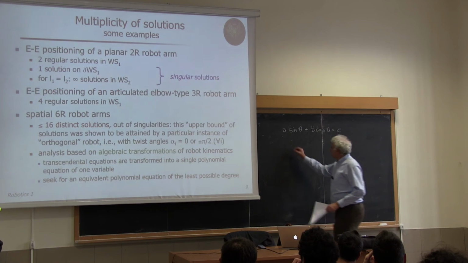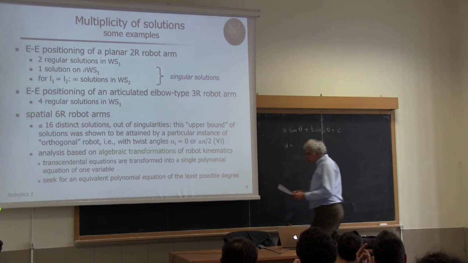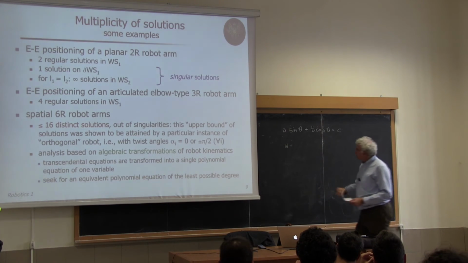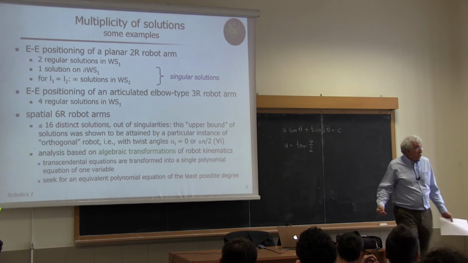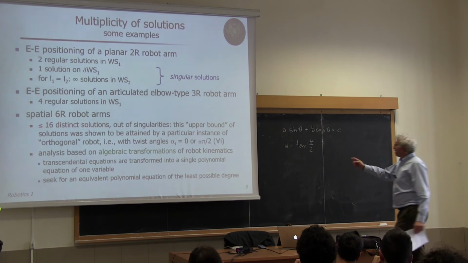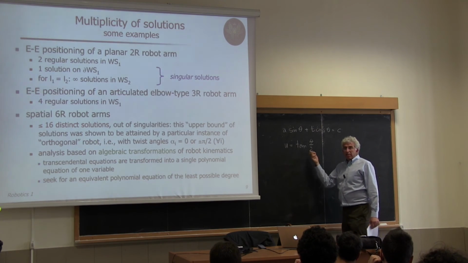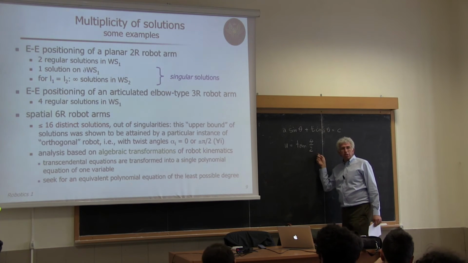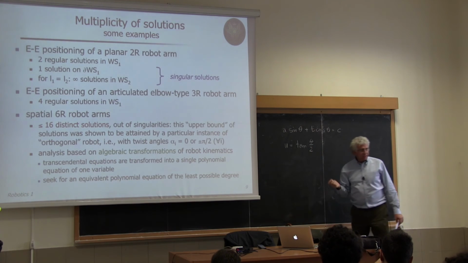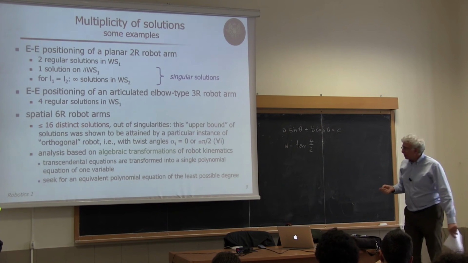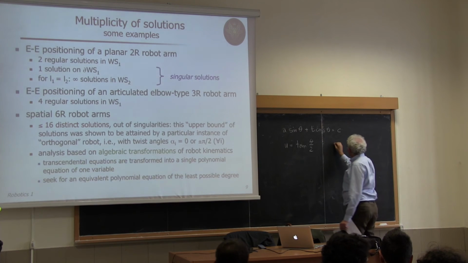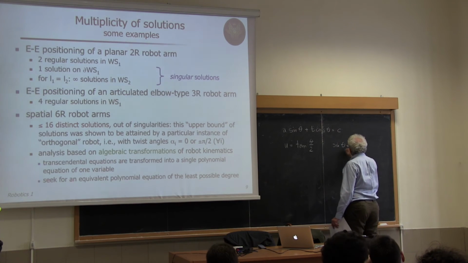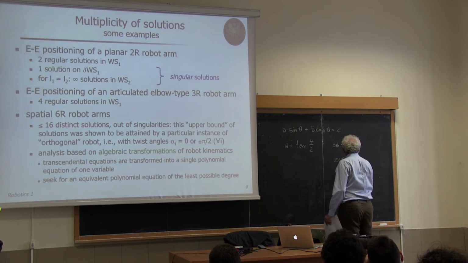Well, the transformation in this case works as follows. You introduce a variable u, which is just the tangent of the half angle. Seems strange, no? So every time you find theta, you should replace it using this transformation. But actually, I need to invert this transformation. Since I have sine and cosine here, I'm writing the inverse directly in terms of sine and cosine.